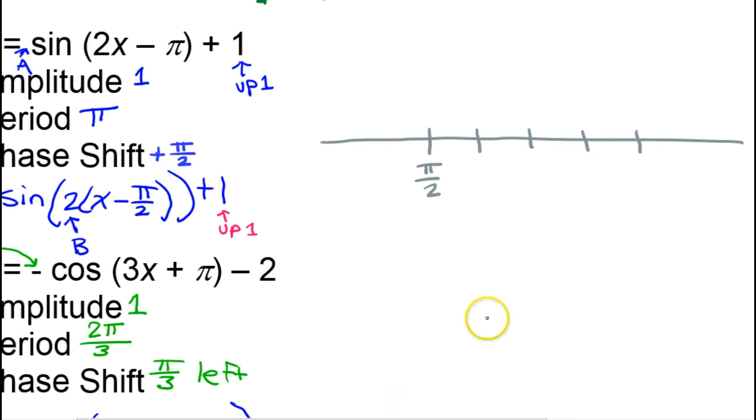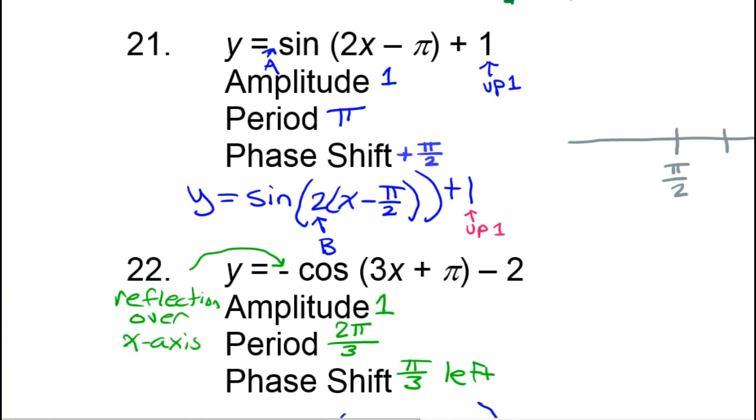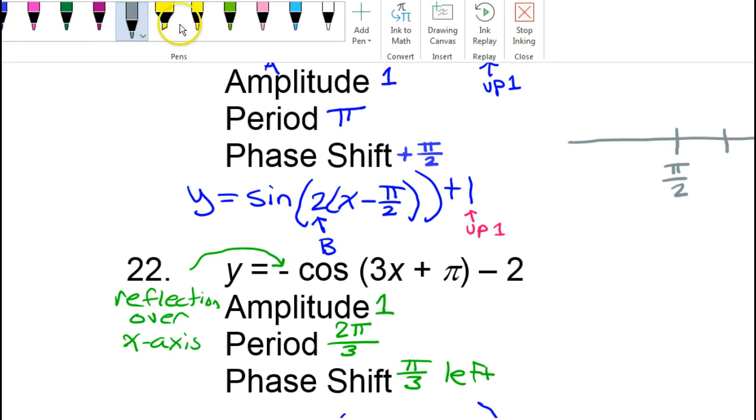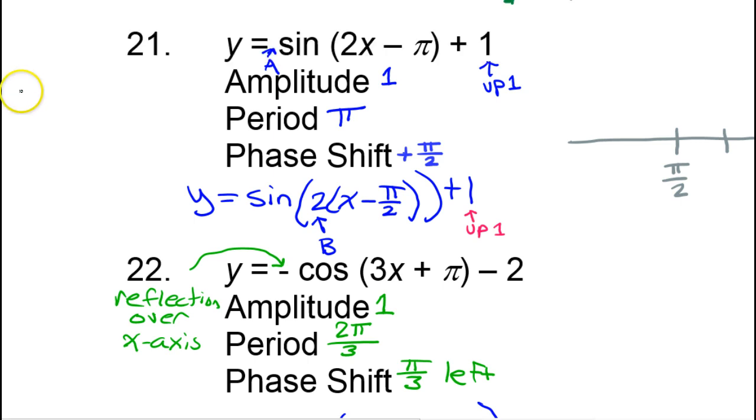So to find and label the other marks, I need to know how much a quarter of a period is. Well, since the period is pi, then a quarter period, I'll just do this calculation over here. A quarter period is going to be the period divided by 4.